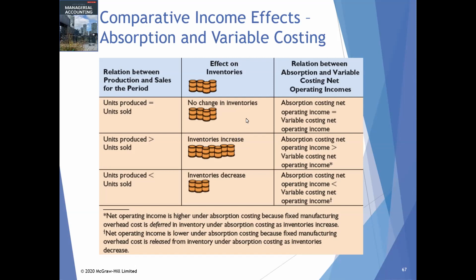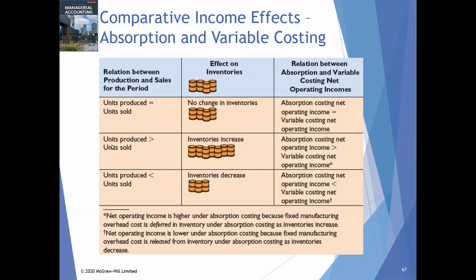If there is no change in the inventory, it means absorption costing net operating income will be equal to the variable costing net operating income. So for both these methods, the answer will remain the same.